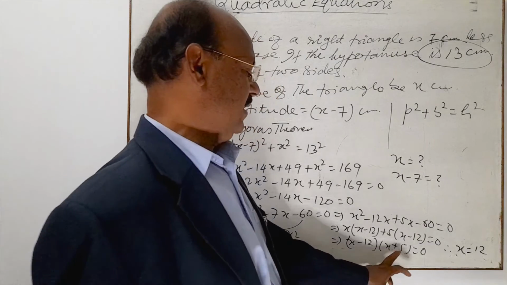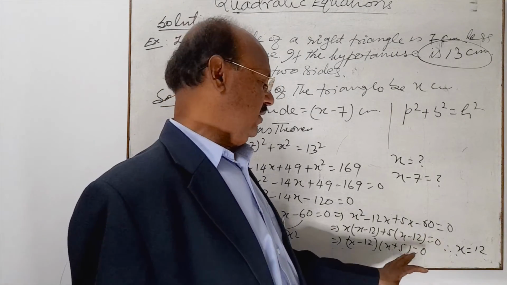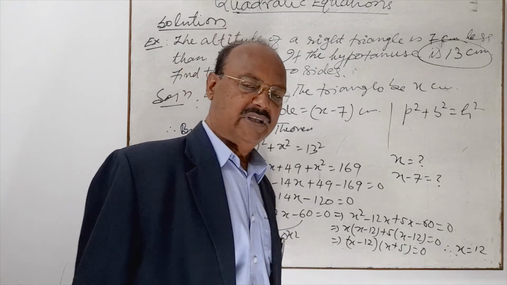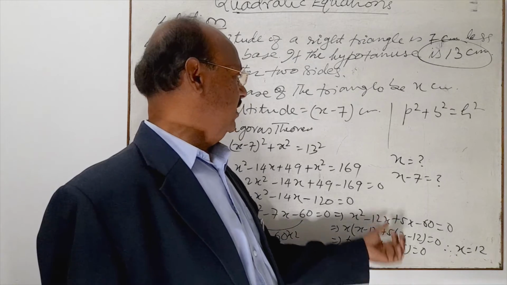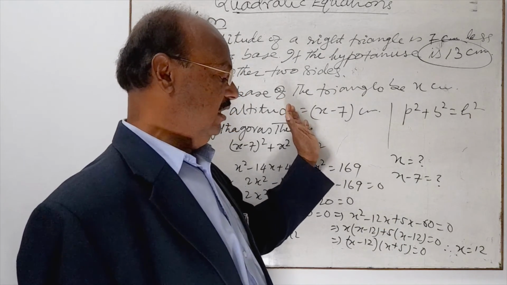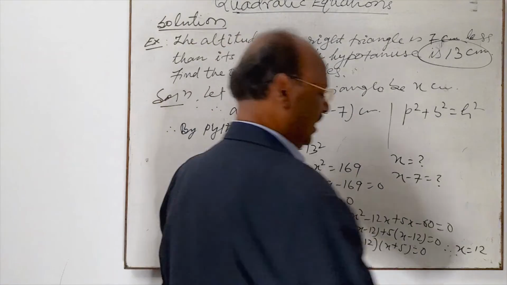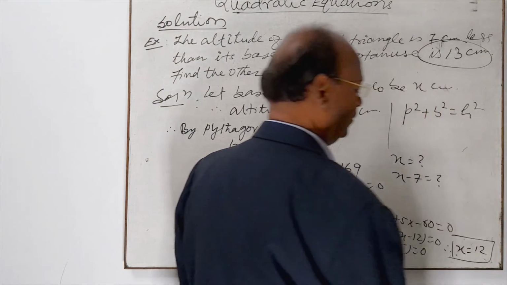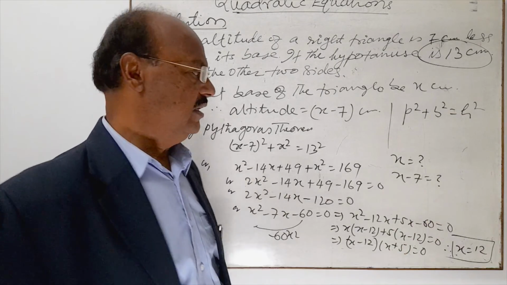And when x plus 5 is 0, you will get x is equal to minus 5. But x equal to minus 5 is not acceptable because x should not be a negative number. x is the length of a side of a right angle triangle, so it should always be positive. It cannot be a negative number. So we are getting the value x is equal to 12. That is acceptable.